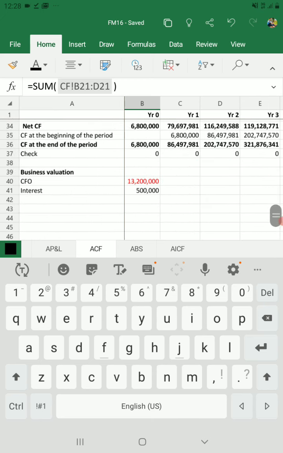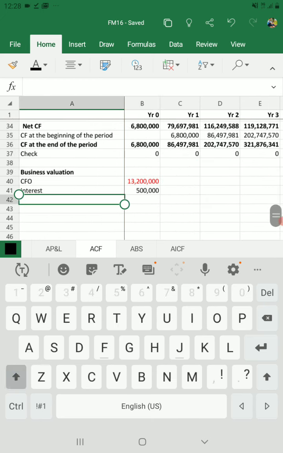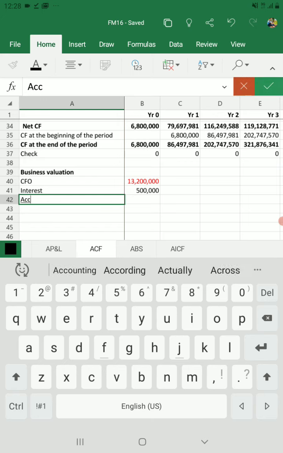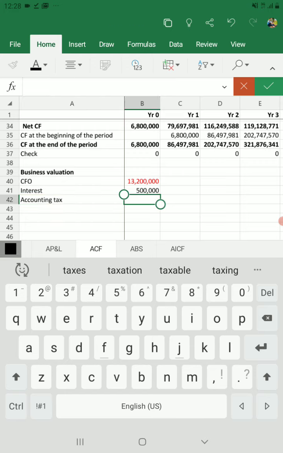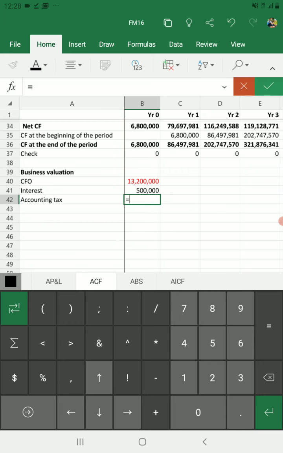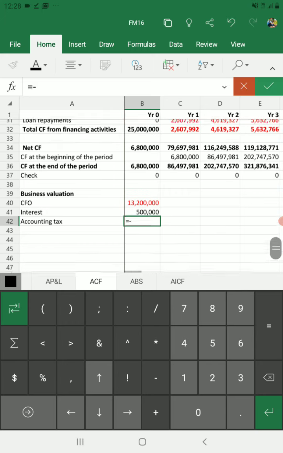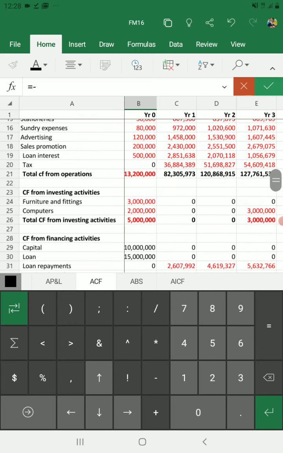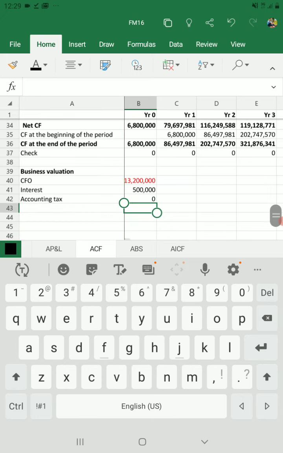Okay, so we will add back here the accounting tax figure. So we start with equal sign and negative sign, and then pick the tax figure here in year 0.